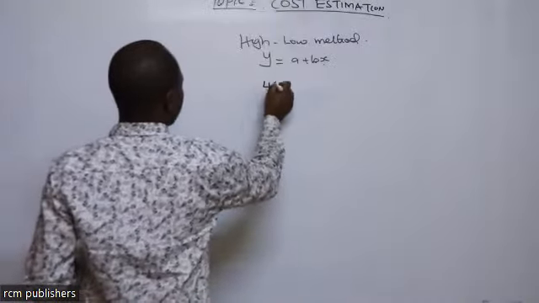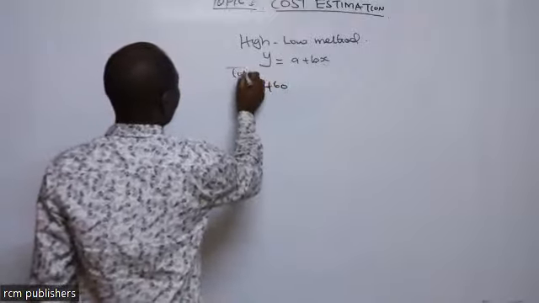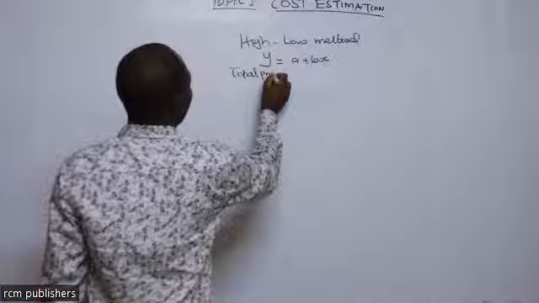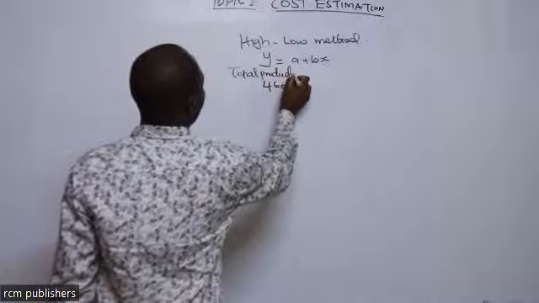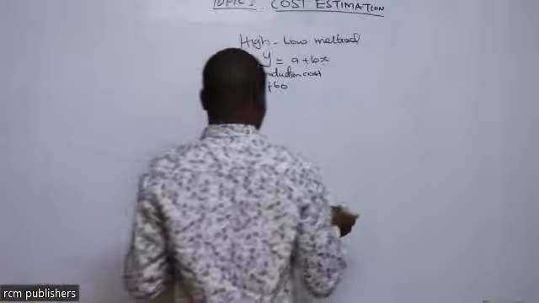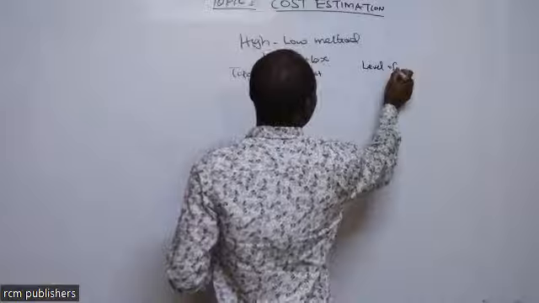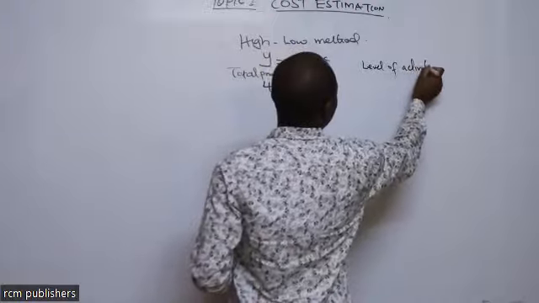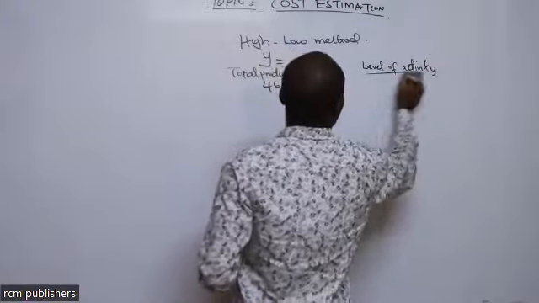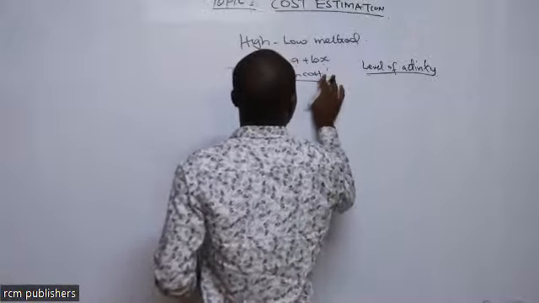We have 460. That is total production cost. And then we have level of activity. Total production cost, of course, is in thousands.